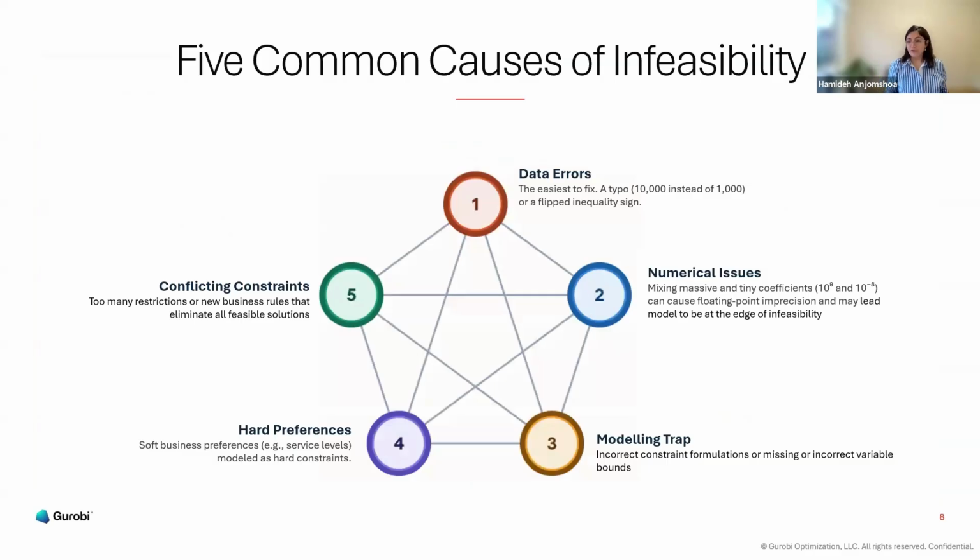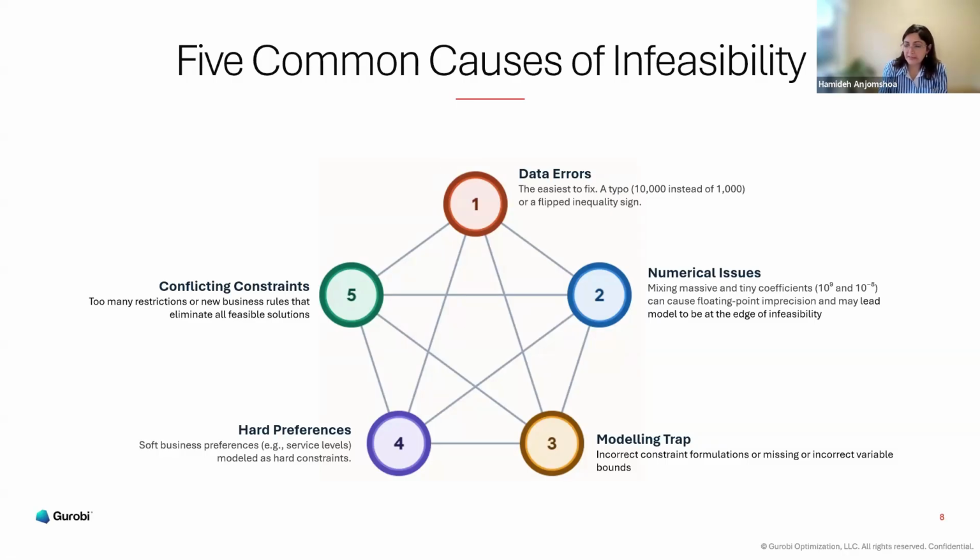Fantastic. So before jumping in to explain how to go through all of the conflicting constraints, these are what I found more common when the model is infeasible. So sometimes it's just a simple data error.